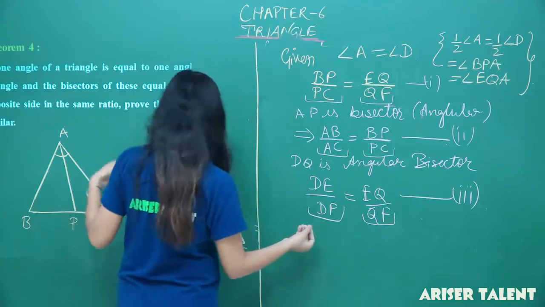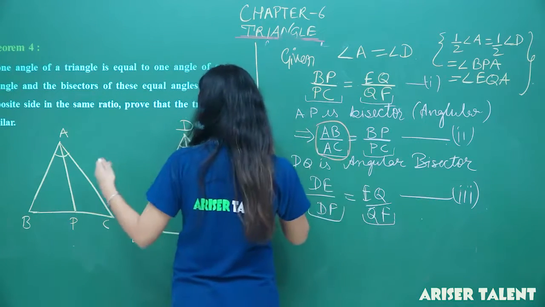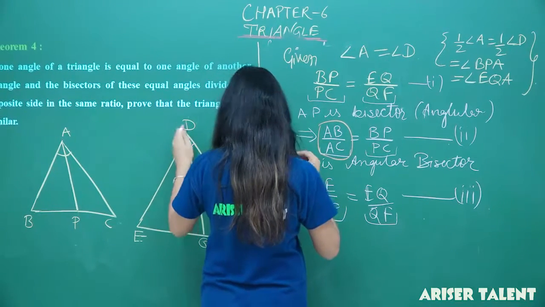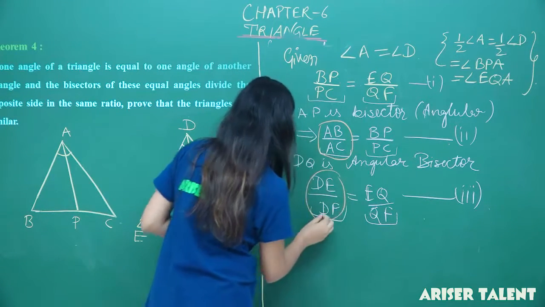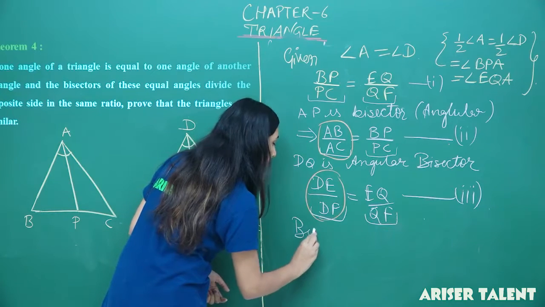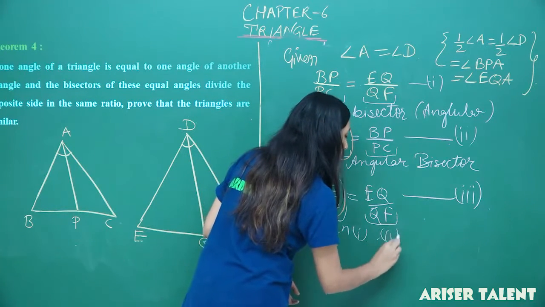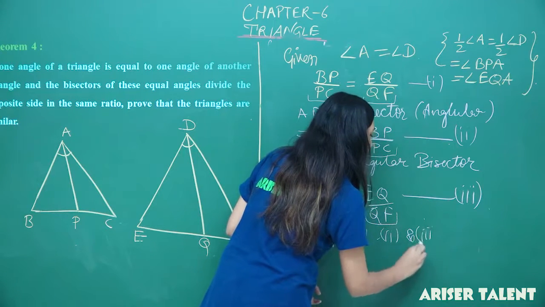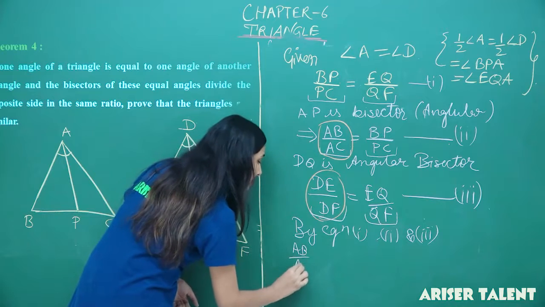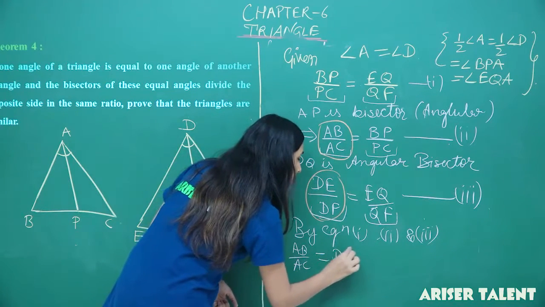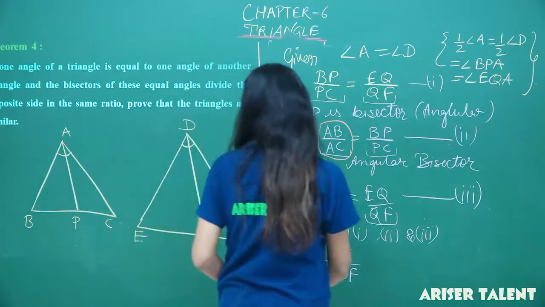So by first, second and third I can write that AB by AC, which is this, equals DE by DF, right students?